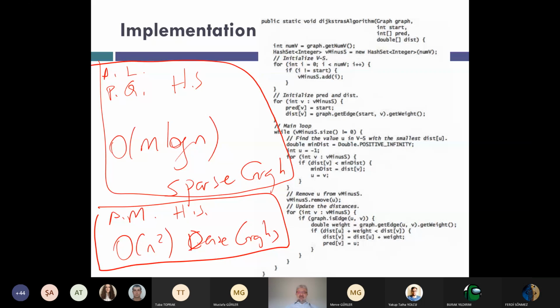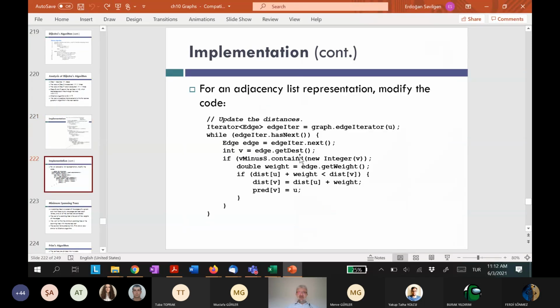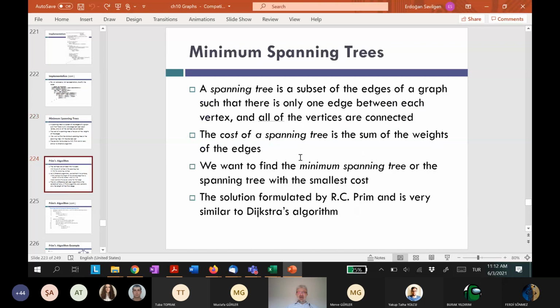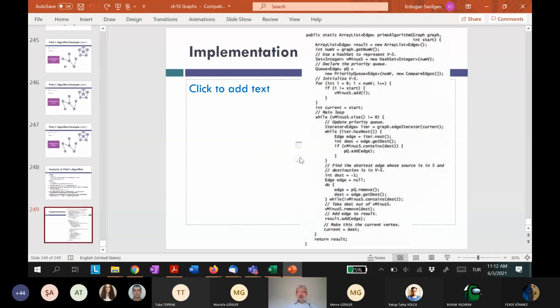That's it for today. If you have a question, I can try to answer. Please go through these implementations and look at this Prim's algorithm. The algorithm is very similar to Dijkstra's algorithm. And if you look at this implementation, it is very similar.